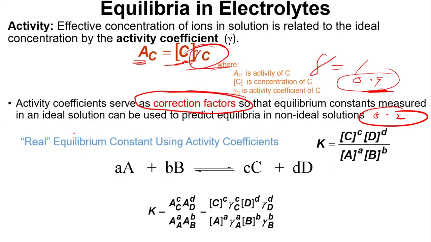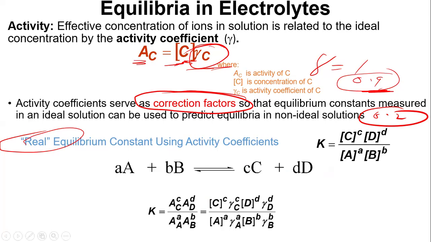Now, if you are looking at real equilibrium constants, the equilibrium constant is usually the product of the concentrations of the products raised to the appropriate stoichiometric ratios, divided by the product of the concentrations of the reactants raised to the appropriate stoichiometric ratios, right?